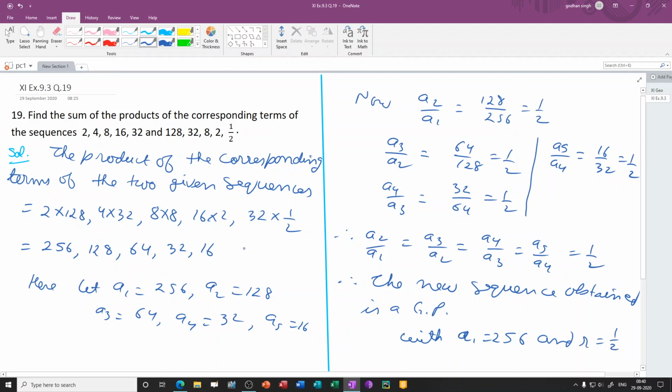So now how many terms are there? 1, 2, 3, 4, 5. So we'll find S5. That we'll do on the next page.